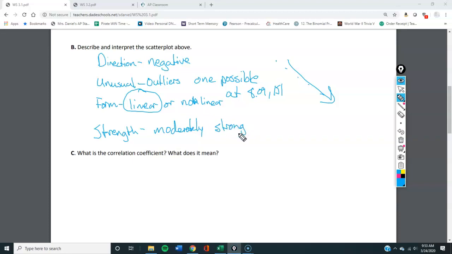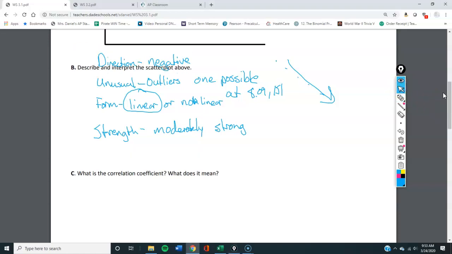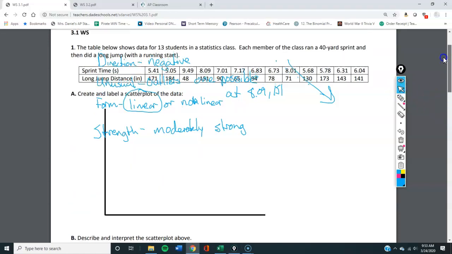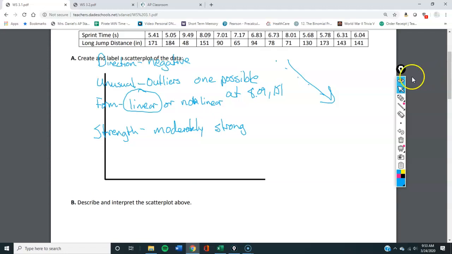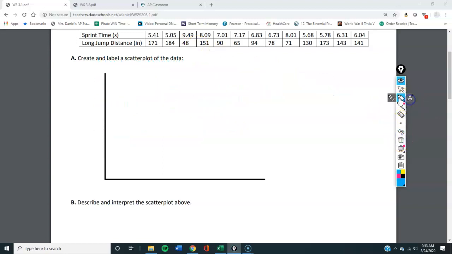Now, what's the correlation coefficient? Remember, to calculate this stuff, I'm going to take these points and use my graphing calculator. I'm going to go to Stat, Edit, and make this list L1 and this one L2.